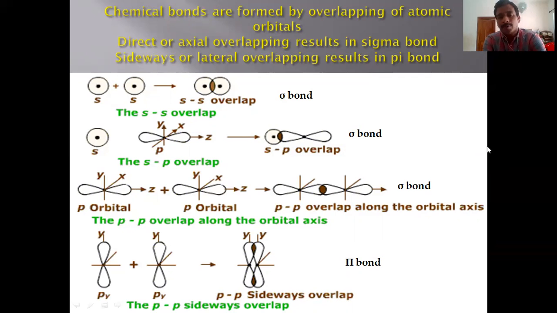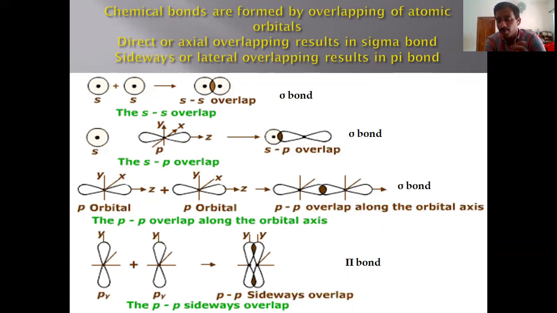According to valence bond theory, chemical bonds are formed by overlapping of atomic orbitals. Two possibilities are there. Direct or axial overlapping along the axis results in sigma bonds.